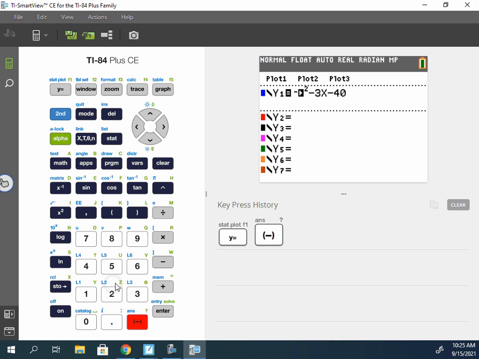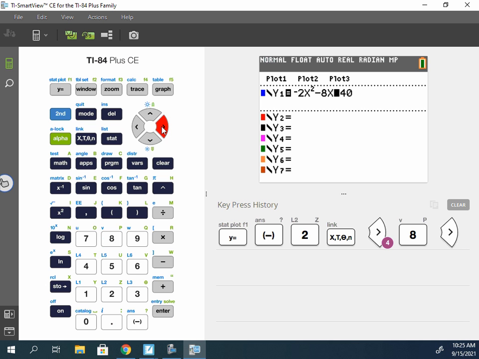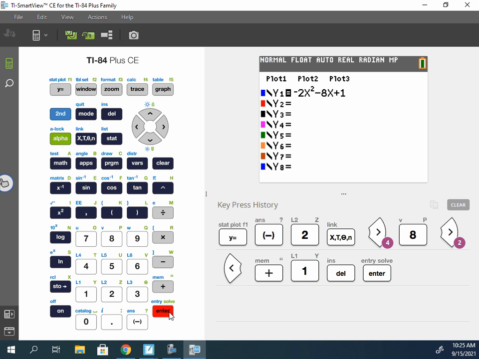Negative 2, x squared minus 8x plus 1. So really all I've done is I hit y equals and then just type the function in. Now I cheated a little bit because it was already typed in.